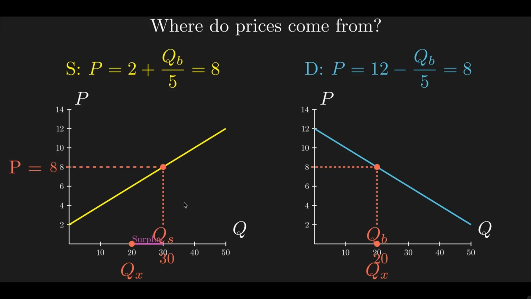So if instead of having a low price with a shortage, which leads to the incentives to raise prices, we had a high price where the quantity supplied was greater than the quantity demanded, we would get the opposite, what we call a surplus.